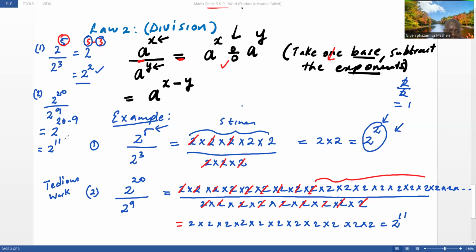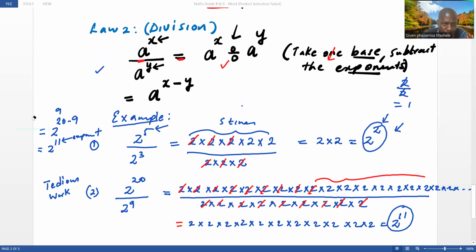So you see that 11 is the exponent. So we got the same answer, but did not use a long approach. So it's very important for a grade 8 learner or a grade 9 learner to be able to know exponents. Exponents are very important. Right, remember, practice makes perfect.